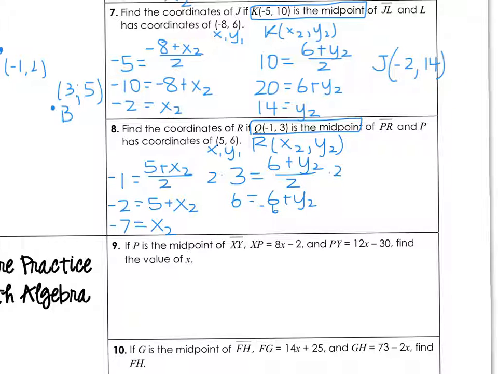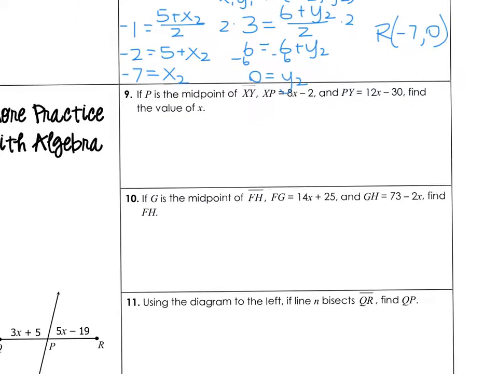And subtract 6. So the coordinates for R are negative 7, 0. And hopefully that was enough examples to help you in finding a missing endpoint. And then this last part is just some more practice.